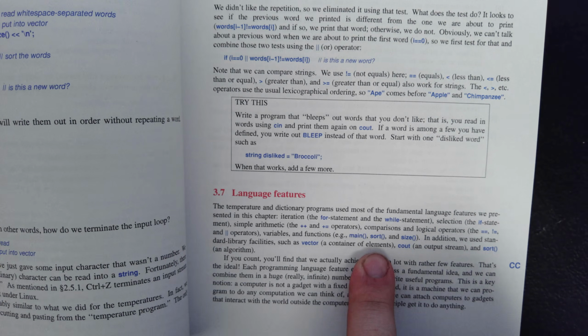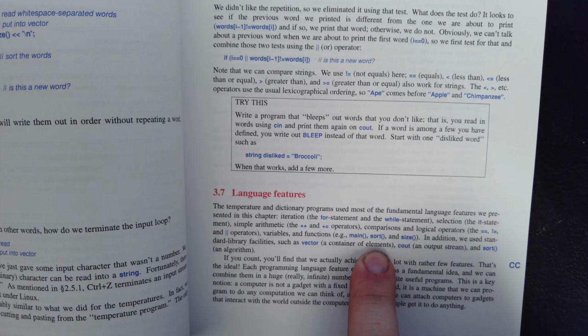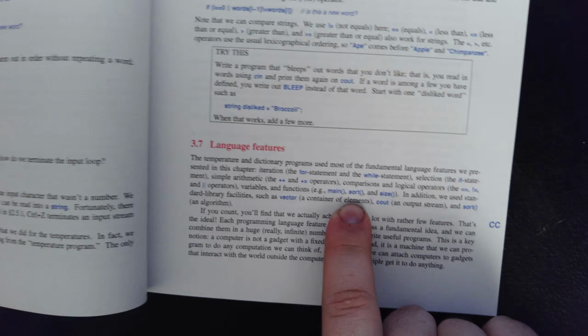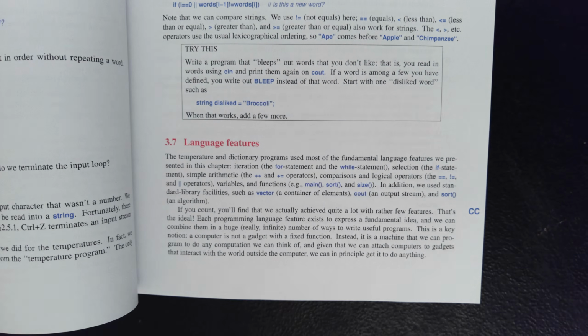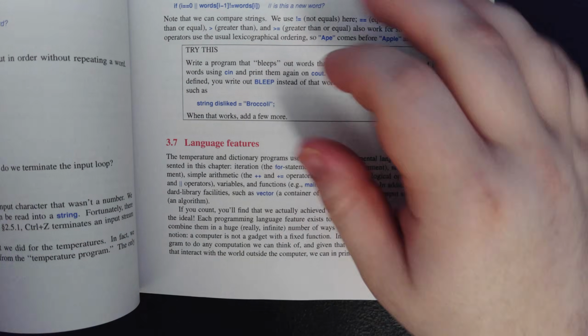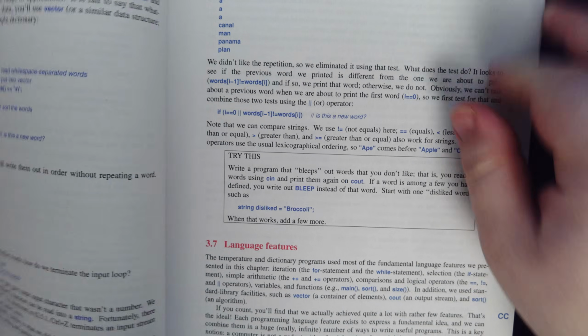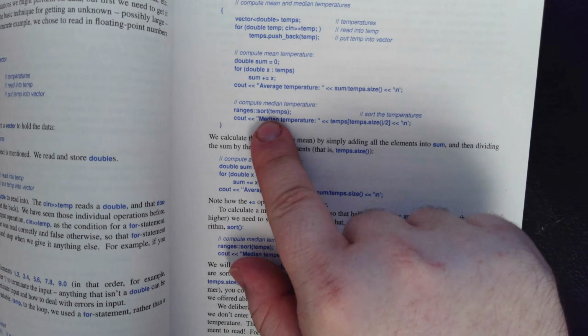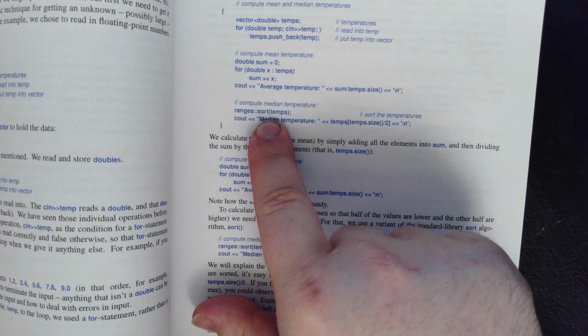I'm sure, okay, it's down here. Language features, sort. Now, how do we use it? Is there an example of sort being used? Ranges, sort. Here we go.